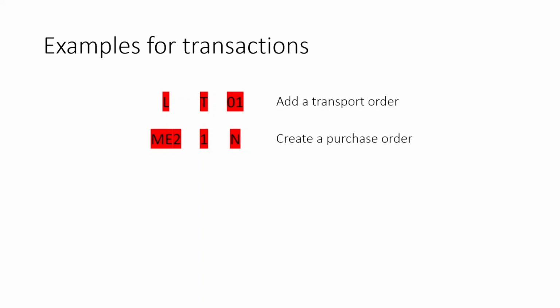E stands for Einkauf, which in English means purchasing. And actually ME stands for purchase order, for creation of a purchase order. We have 01 or 1, which means add, and we have N, which means new. So basically the whole thing means create a purchase order.